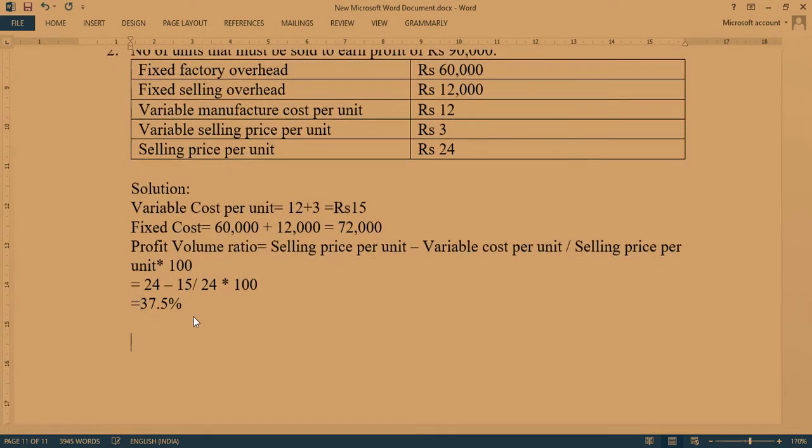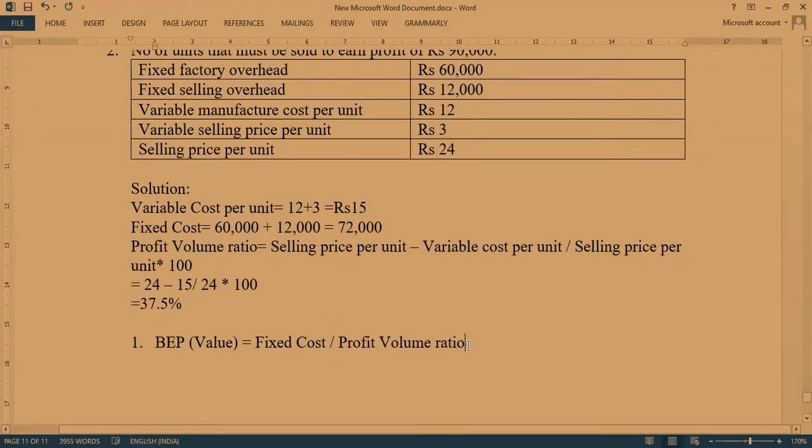Coming to the first one, BEP. I just mention the shortcut, BEP in brackets value. BEP value equals, the formula says, fixed cost divided by profit volume ratio. I'm taking the profit volume ratio directly.